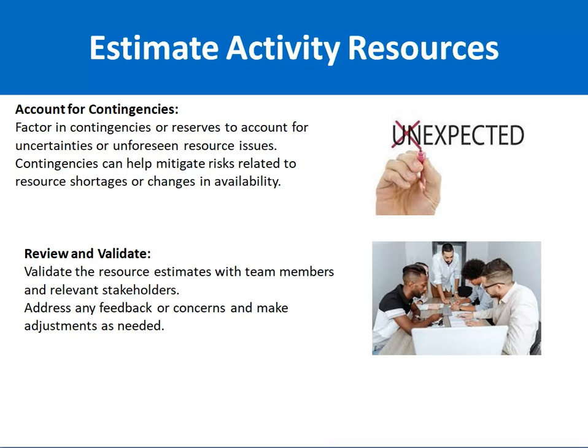Then the resource estimation must be reviewed and validated with the team members, and you must address any feedback or concerns and make adjustments as needed. For example, if there is any discrepancy or any problem, or some team members are saying that any modification is required, you must address it.